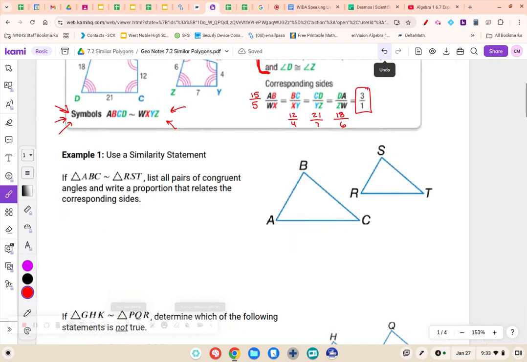So we are going to list all pairs of congruent angles and write a proportion that relates the corresponding sides. Notice that this is a similarity symbol here. It's not congruence. A single squiggle means similar. There's a similarity statement, is similar to.